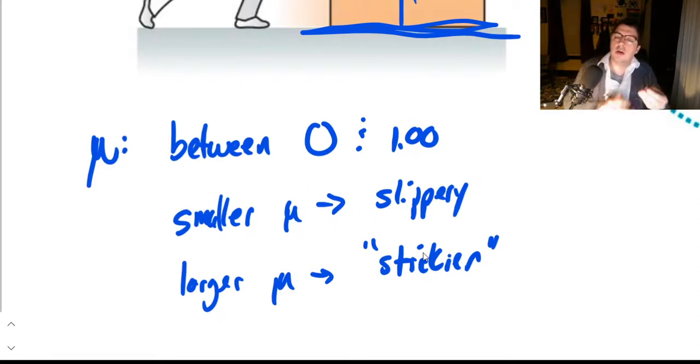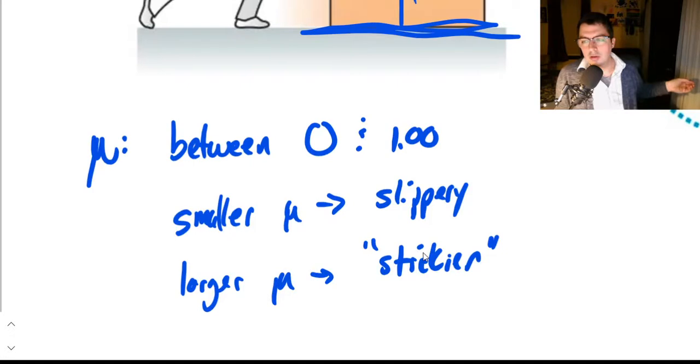Think about you take your car keys and you slide them across the parking lot. They only go so far, right? Because it's metal keys on rough pavement. If you try to slide them, it might go, I don't know, a meter or so before they slow to a stop.